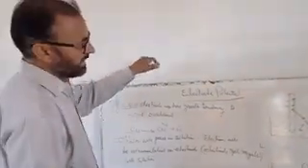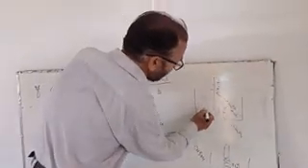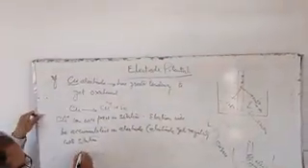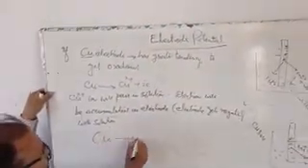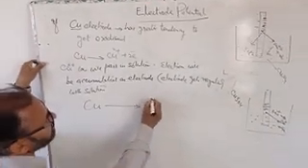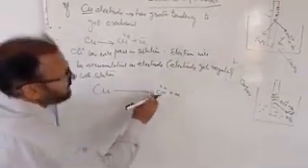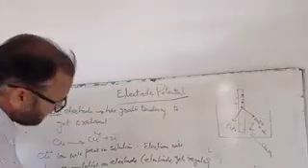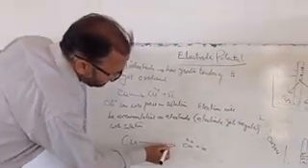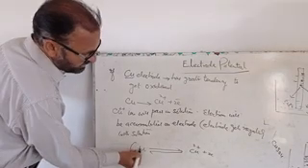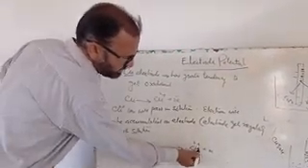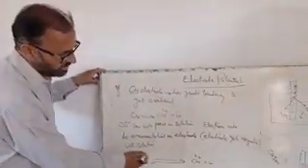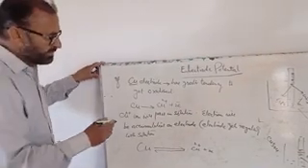After some time, these copper dipositive ions may take electrons back from the electrode, and an equilibrium will be set up. The reaction is like this: copper gives copper dipositive ions and 2 electrons, and these copper ions take electrons back, so there is equilibrium between the copper dipositive ions and copper.